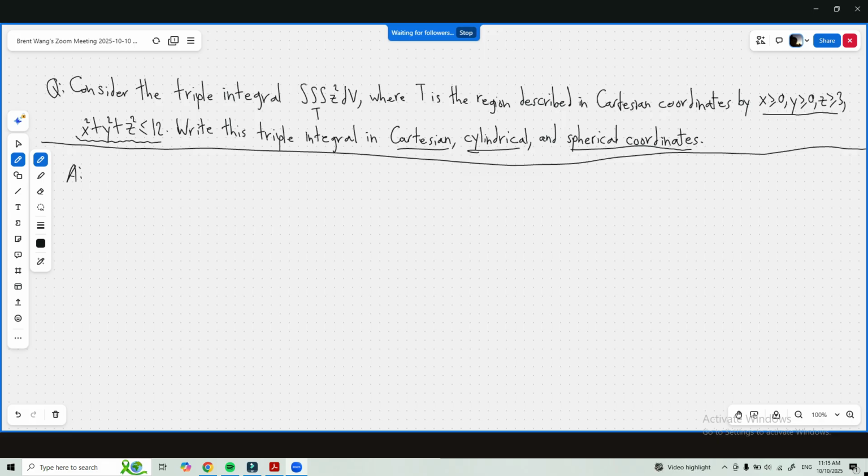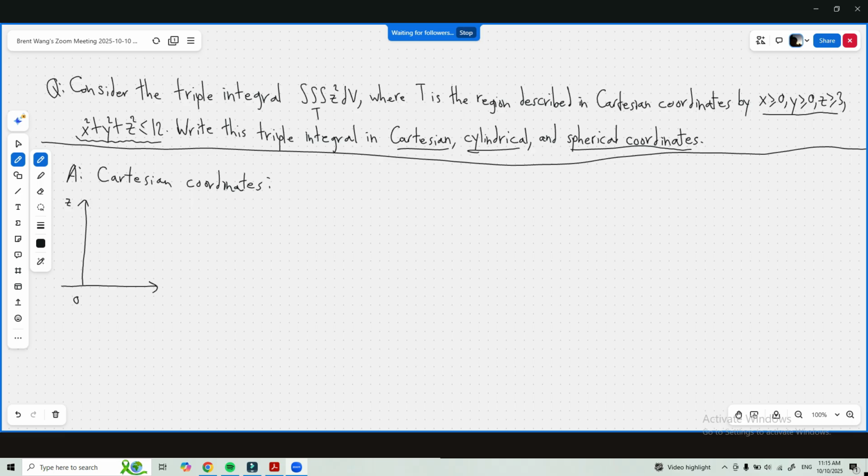So first of all, let's do Cartesian. Some people like to call it rectangular coordinates as well. It doesn't matter. I'm going to give you a rough sketch of what this region T looks like. So let's say this is Z. This could be 0.